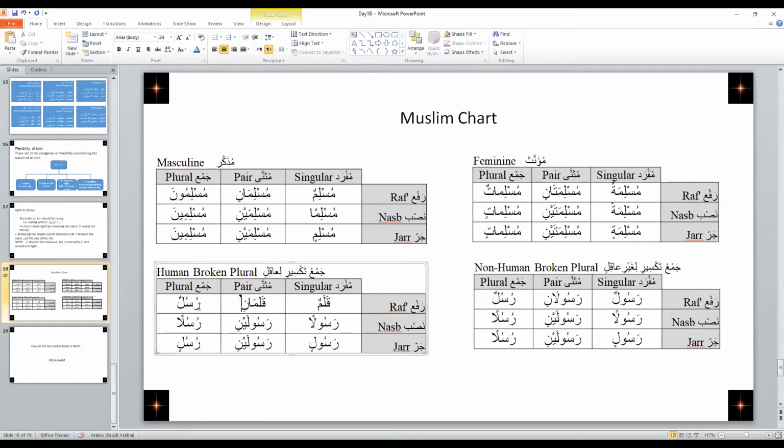Okay. And then this one will be kalamun. And then this one would be qalamin.